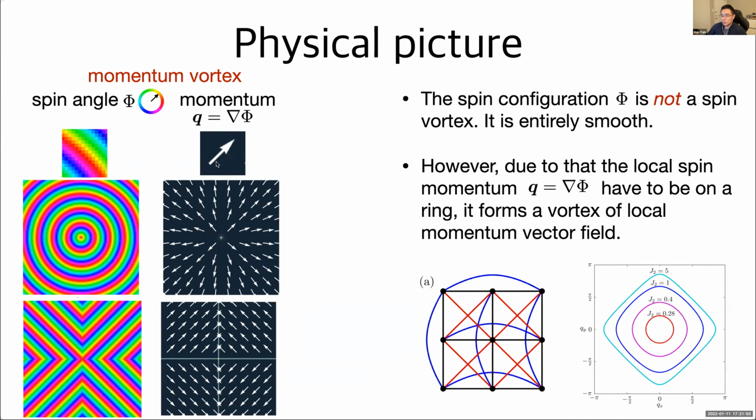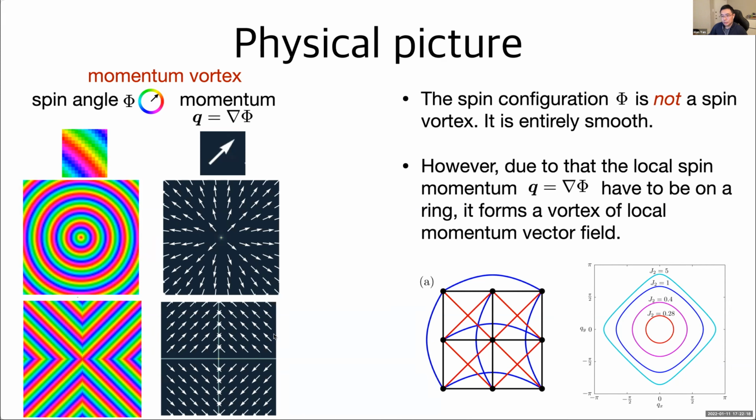However, if you look at the momentum, you see that it slowly winds and forms a winding number 1 vortex. Because the momentum is more or less restricted to stay on this ring, this is a stable topological defect, because momentum cannot go through 0. And here is an example of topological number -1 for the momentum vortex.